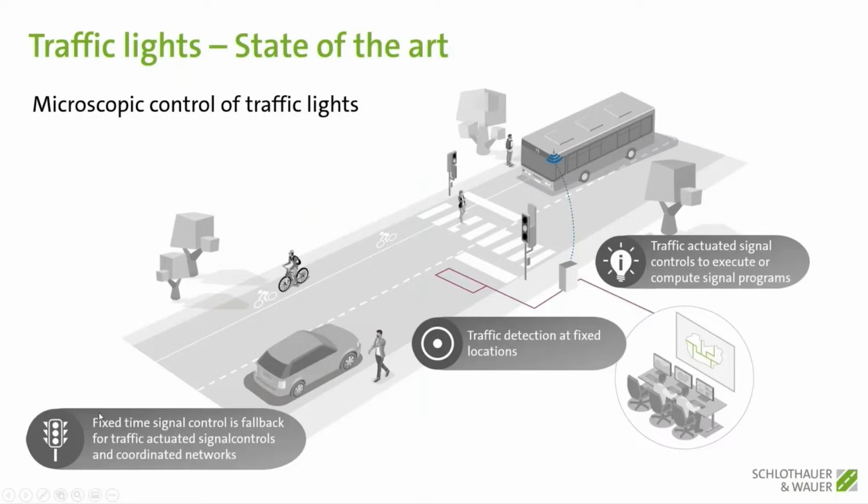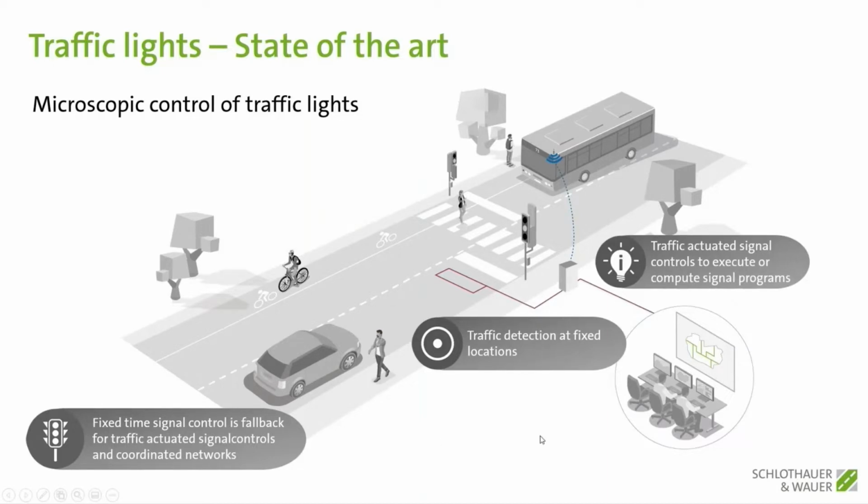Also you may have a fixed time control to optimize the coordinated networks. That means the time gaps between all the intersections are handled as a kind of a fallback, which can be more dynamic if you bring it together and do interaction between those intersections.